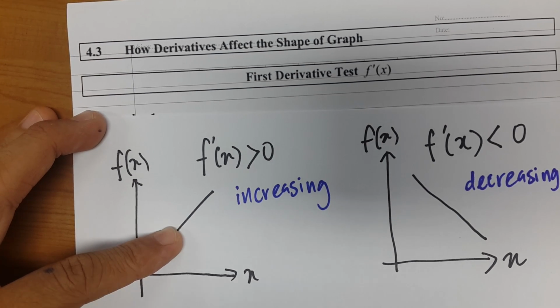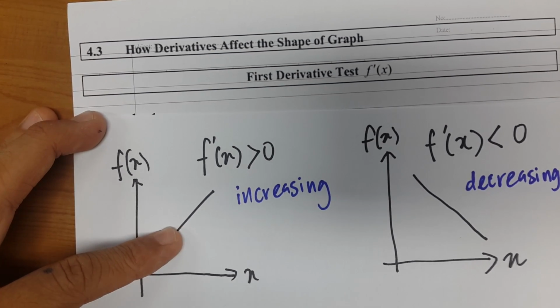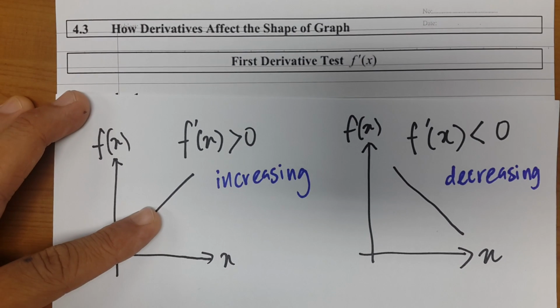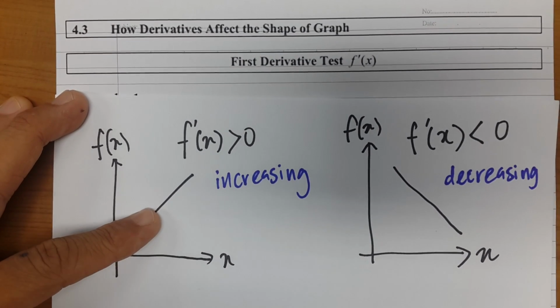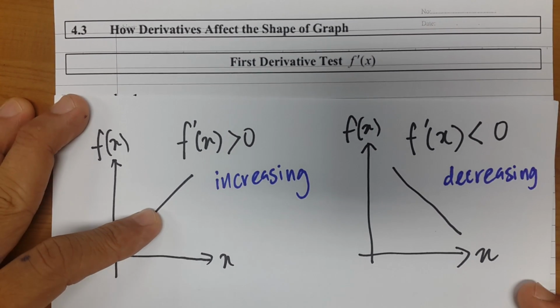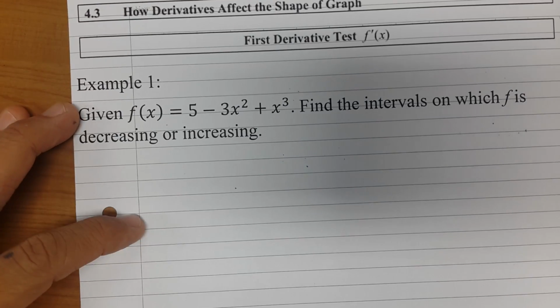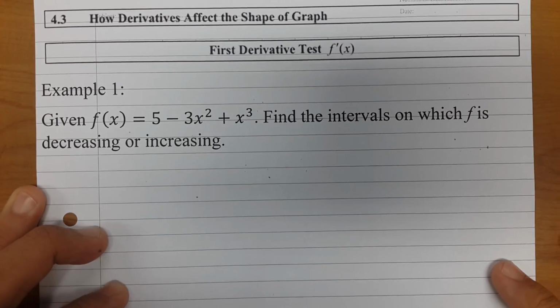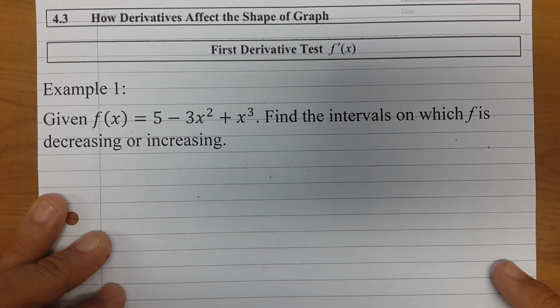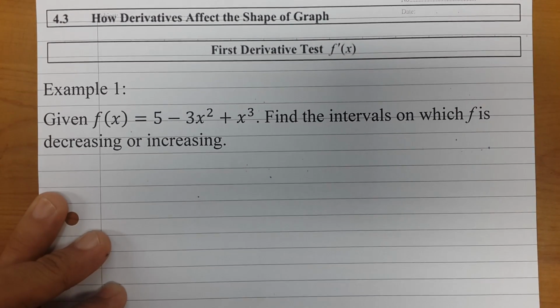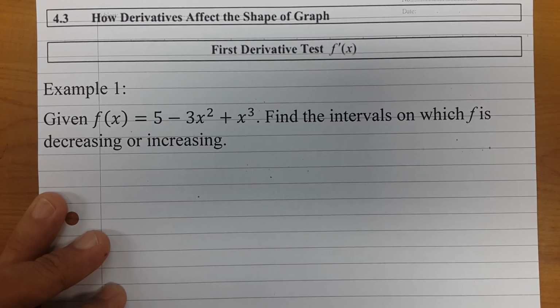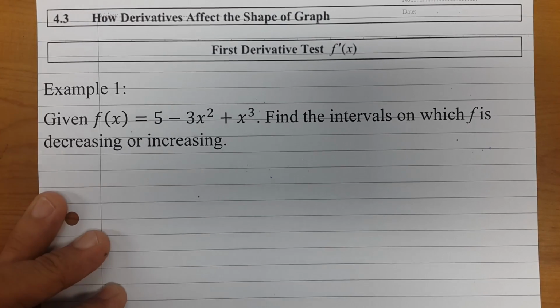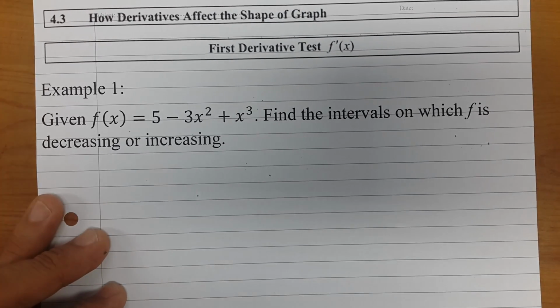We want to know which part of the graph is going down, which part of the graph is going up or increasing. Right. So first example is given this function f(x) equals 5 minus 3x squared plus x cubed. Now the question asks to find the intervals on which f is decreasing or increasing.